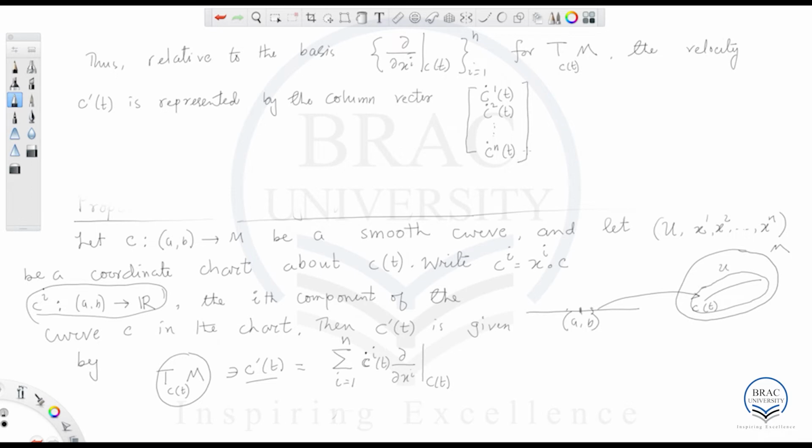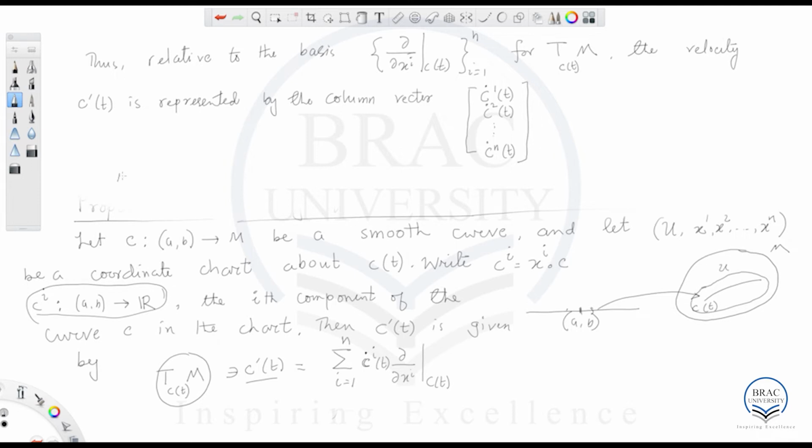Okay. So remember that in the previous example, in example 2, we had only two components of this column vector, because there we were dealing with the two-dimensional Euclidean space R squared. That was the target manifold. I mean, the manifold in which we were having this smooth curve. But in this case, n can be anything, and hence we have an n component column vector in general.